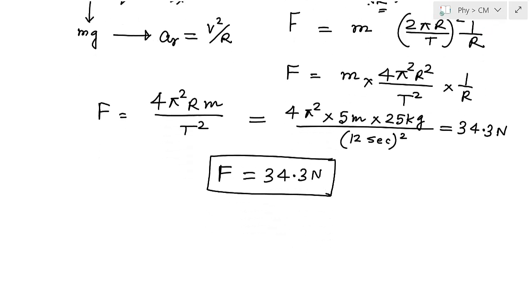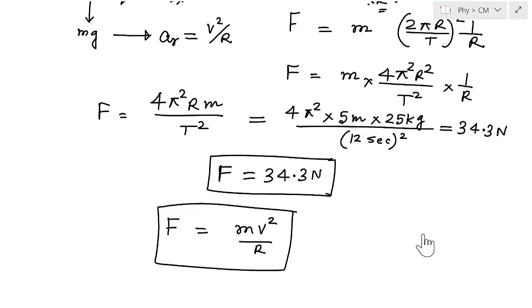One important point, if you remember, we calculated force equals m v square by r. So you see, in this case, if you have something attached to a rope and it is moving in a circle, so this is the circle in which it's moving. Now this force depends upon the velocity with which it is moving, and it also depends upon the radius in which it is moving.